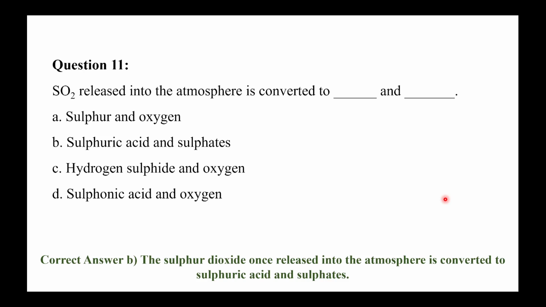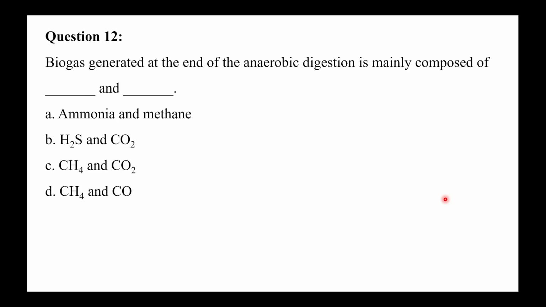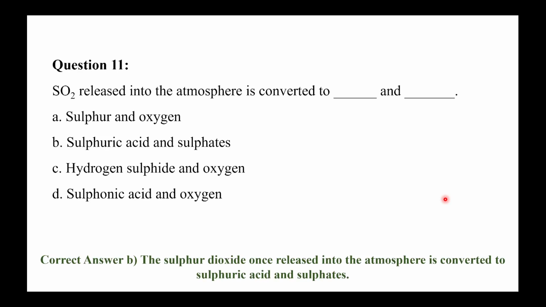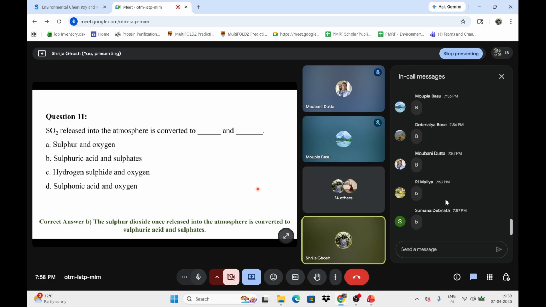So sulfuric acid and nitric acid are the main acidic components in the acid rain. I'll discuss the whole sulfur cycle in one of the upcoming slides, so there I'll explain.